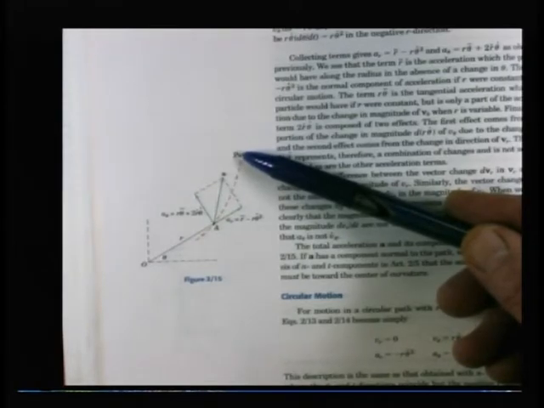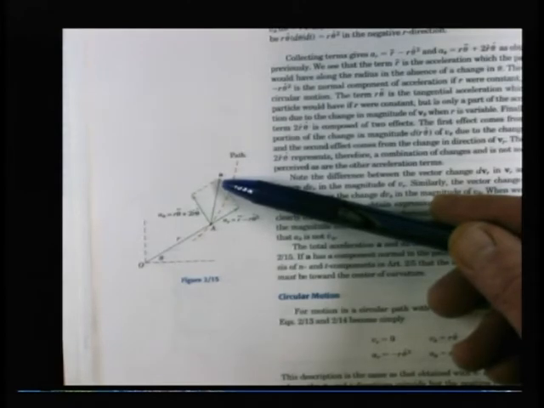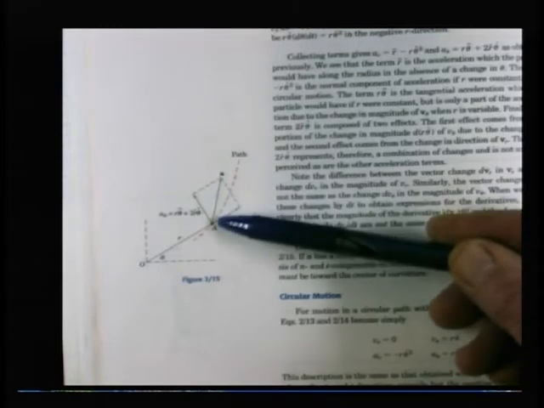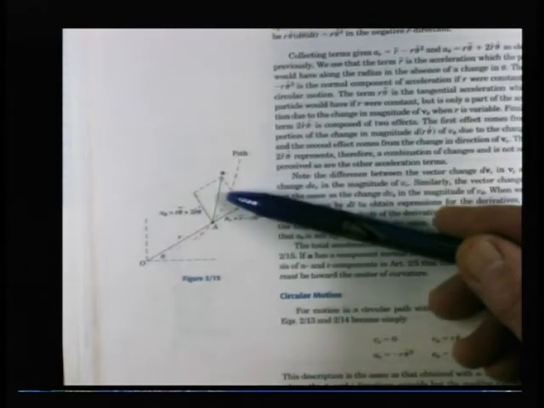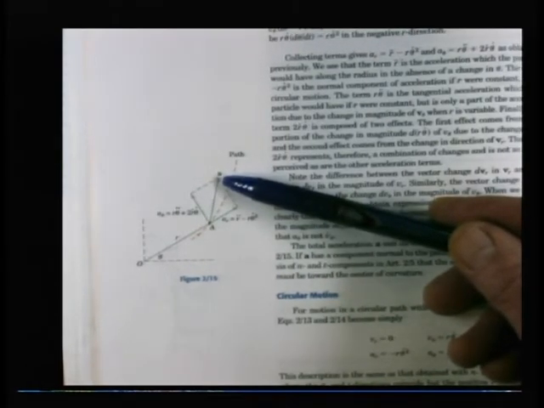So the acceleration is always going to have to be on the inside of the curve, or no further out than tangent to the curve if you were on a straight line. So there has to be an inward component.